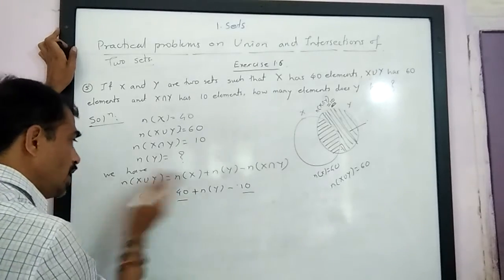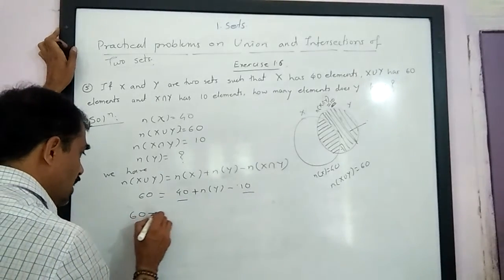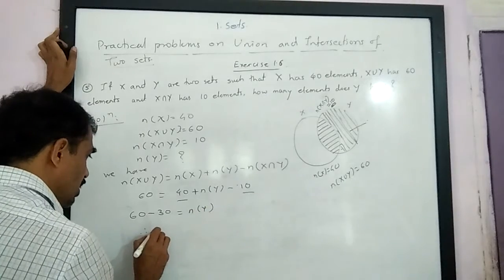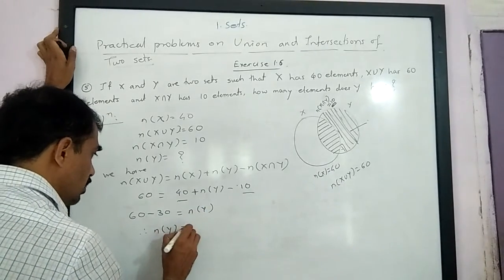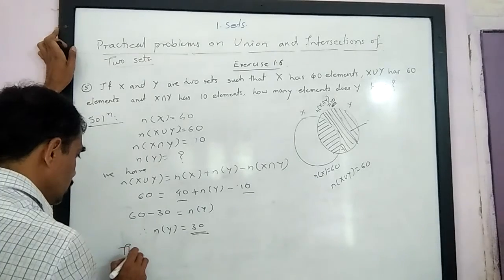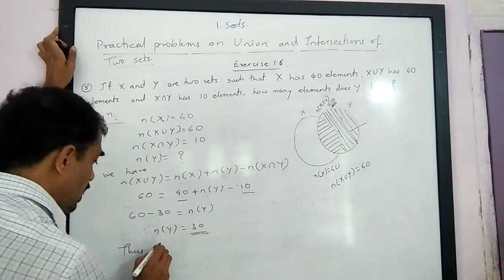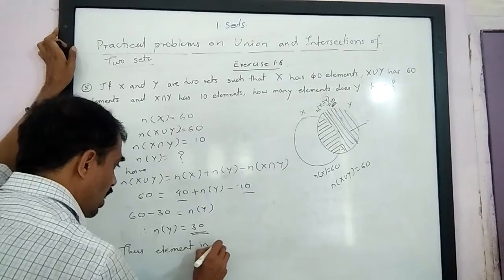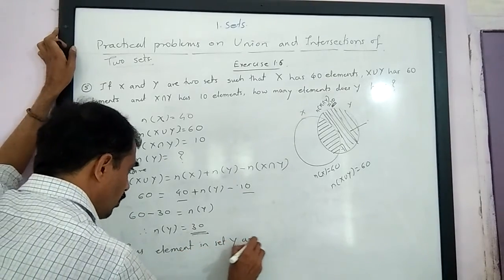If you transpose 30 to the other side, it will be 60 minus 30, is equal to number of elements in Y. It means number of elements in Y are 30. Thus, elements in set Y are 30.